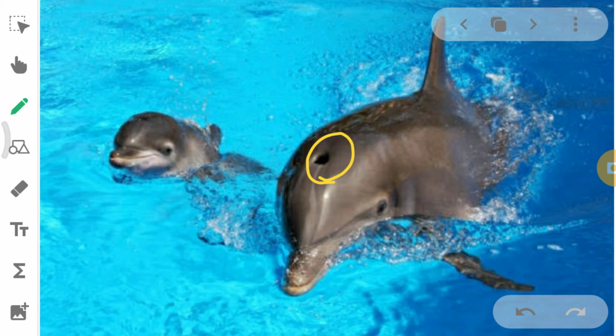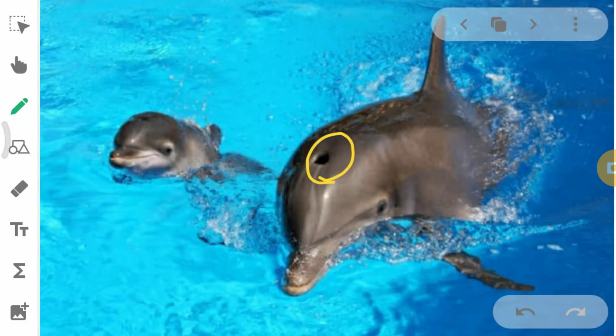So as we human beings have, dolphins also have lungs to help them breathe in oxygen. So as they come up to the surface of water, they can stay inside the water for a long time without breathing. They come out to the surface from time to time to breathe in air.